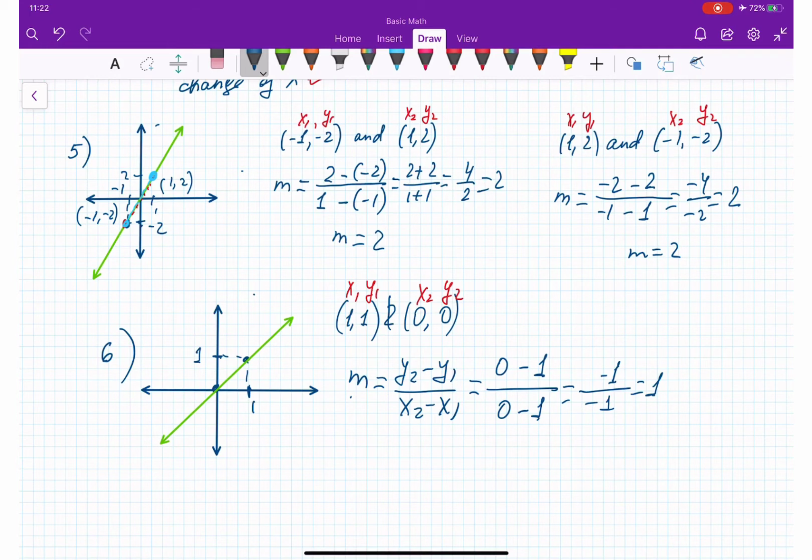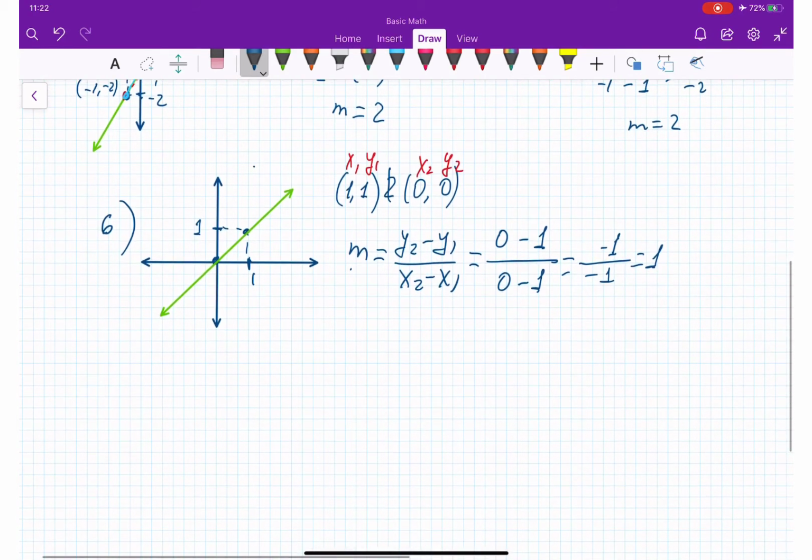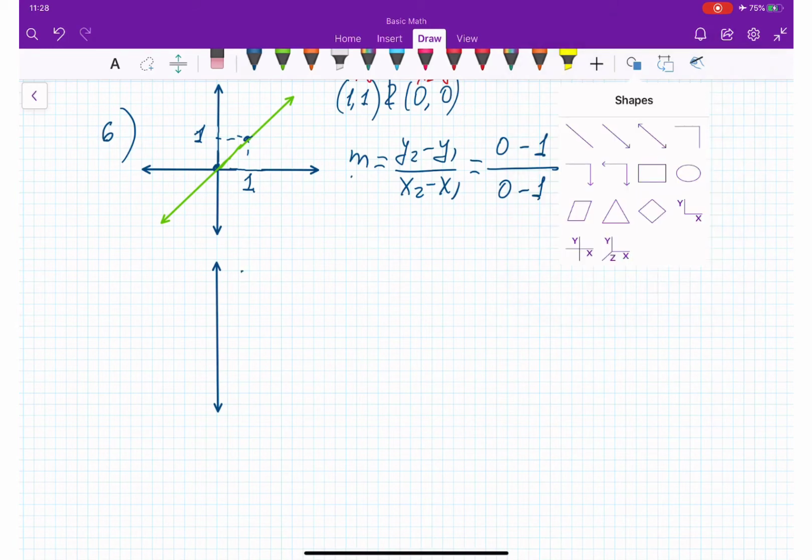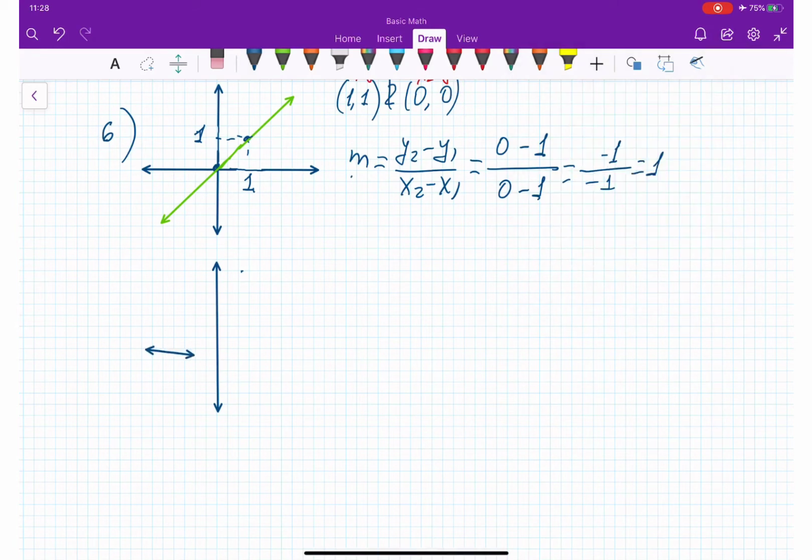Under number 6, let's do another one, much more interesting. So let's say we take the following graph. All right. So we have here 1. Here also 1.